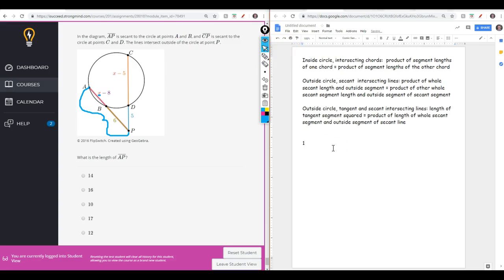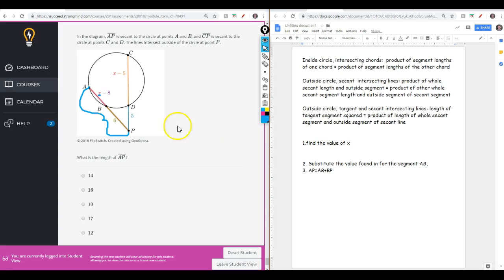So we're going to first find the value of x, then we will substitute the value found in for the segment AB. Then we know that AP by segment addition is equal to AB plus BP. So then we'll be able to find AP based on that. So first we're going to find the value of x.